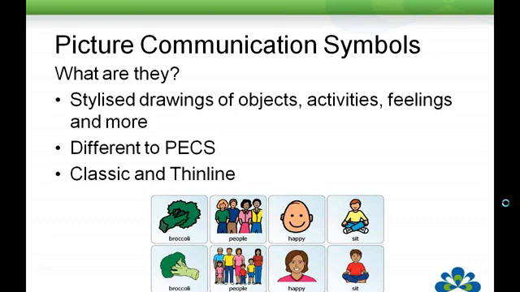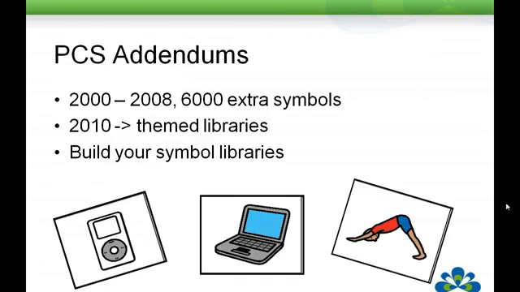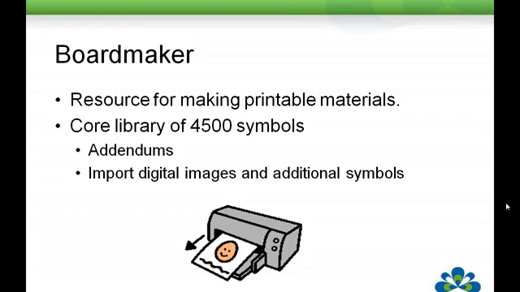So both those options are available now, and you can add to your symbol libraries. There are the addendums that were from 2003 to 2008 that provide you with 6,000 extra symbols. And from last year they started putting out themed libraries. So you've got themed, classic and thin line symbols that you can purchase to add to your symbol library.